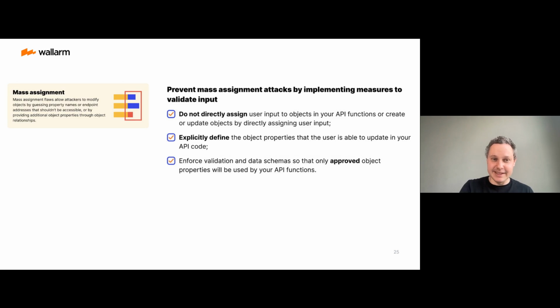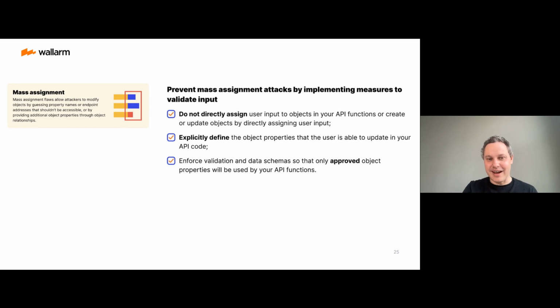Mass assignment is another thing. Basically it's the flaw that allows attackers to modify objects by guessing property names or endpoint addresses that shouldn't be accessible. This is a very common vulnerability for APIs, so I encourage you to read more details on that. But something you can do to prevent mass assignment attacks is, first of all, do not directly assign user inputs to the objects in your API functions.